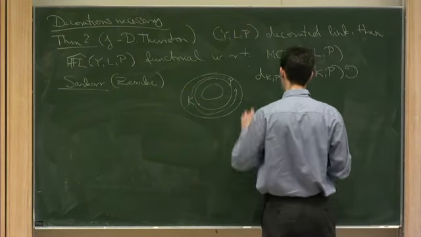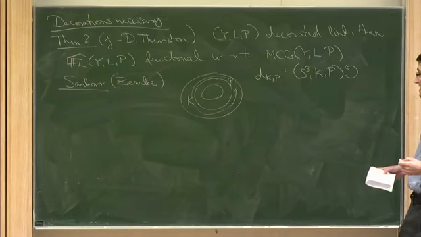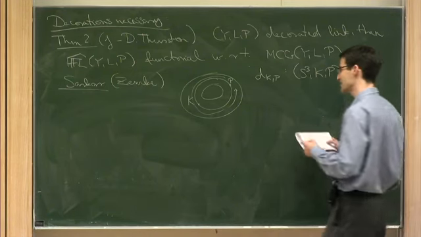And so Sarkar computed the action of these maps for knots of at most, I don't know, 10 crossings or 9 crossings.